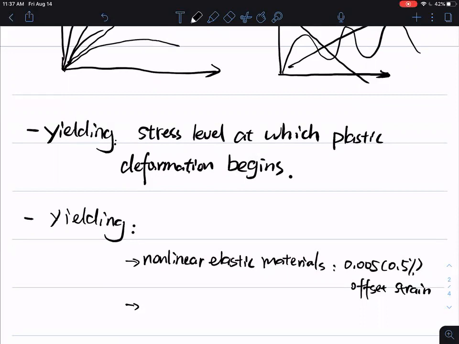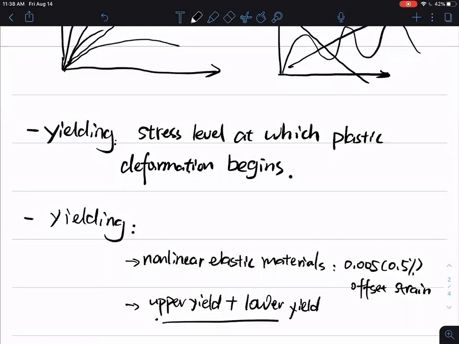Or you can use the method we just mentioned. You find the upper yielding stress and you find the lower yielding strengths and find the average.